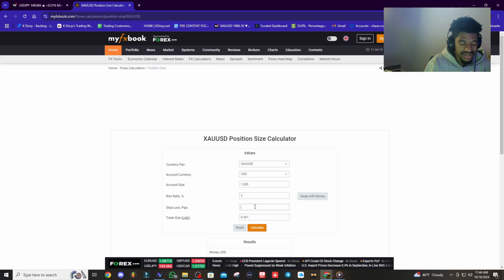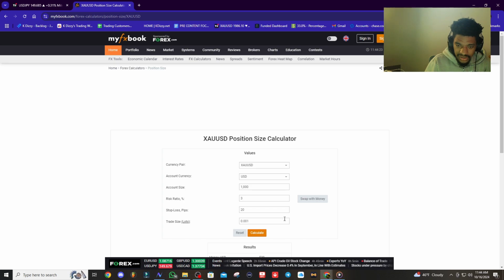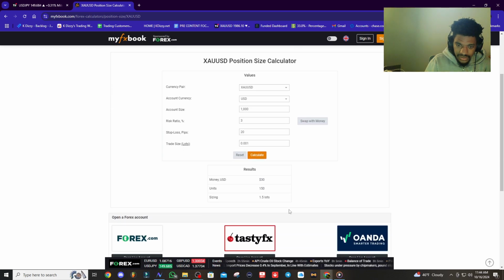Stop loss, let's do a 20 pip stop loss. Let's calculate. So right here, toggle between lots and units. 1 lot equals 100,000 units. That's the one thing that tripped me up, was trying to figure out this setting right here.